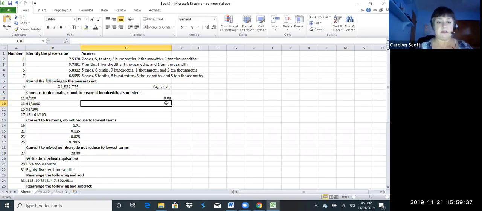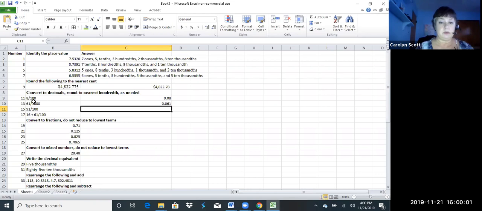And it is 0.08. Oops, in Excel I have to say equal to let it know I want it to do some math. Same thing: 0.061.